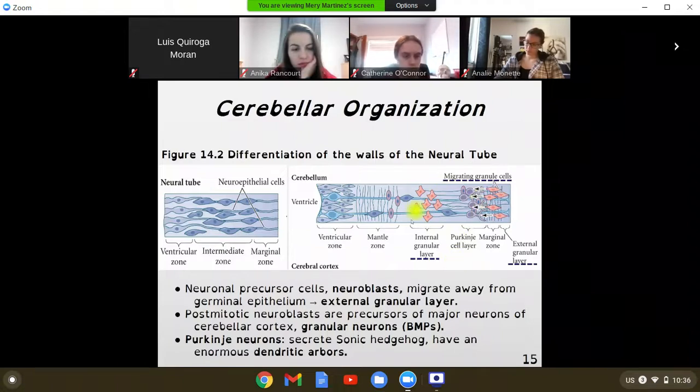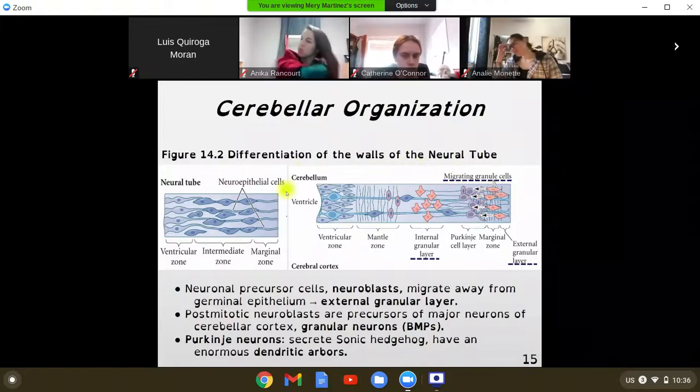So the granular layer arises from this external granular layer under the influence of BMPs. Meanwhile, the ventricular zone stem cells are going to generate the Purkinje cell layer over here.